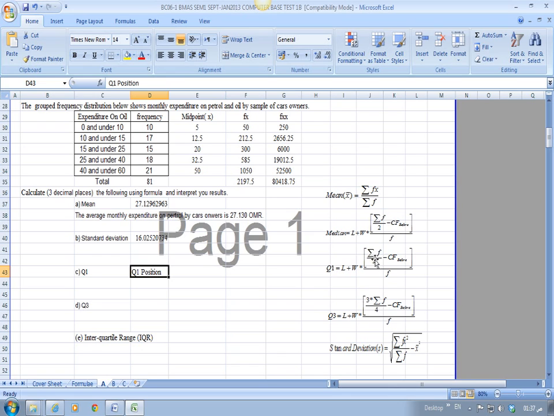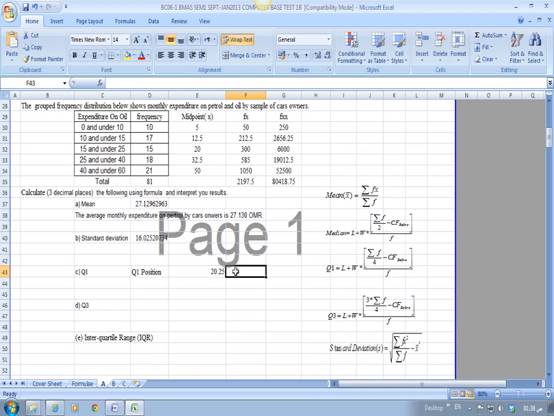The place of the first quarter is sigma f divided by 4. So here it is sigma f divided by 4, and then it will give us 20.25.